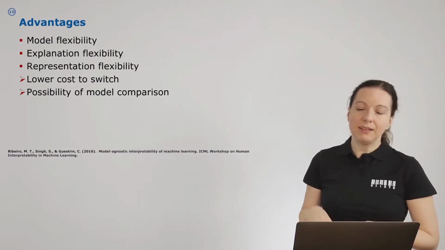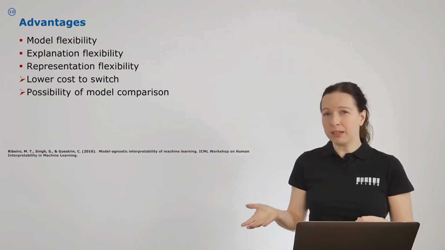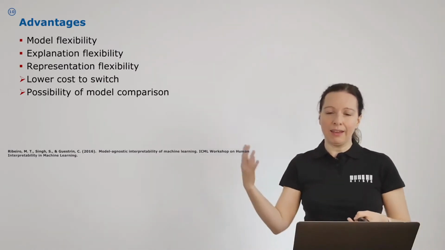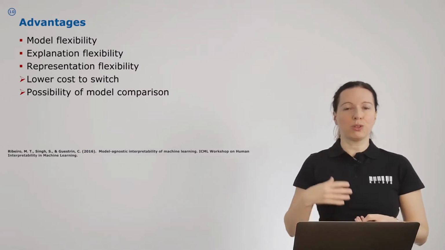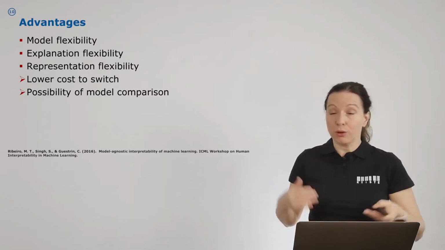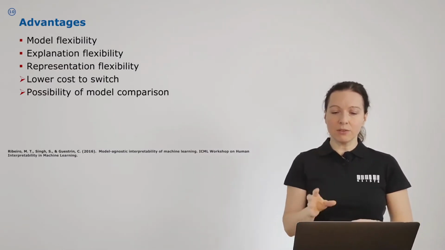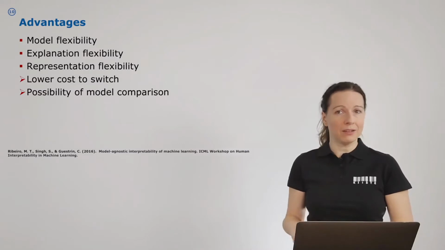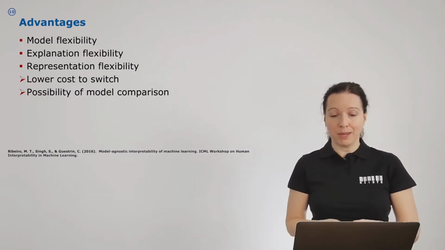Model flexibility is a huge advantage because for a lot of real-world applications, you train for high accuracy. You want to solve your task and reach a good performance and a high accuracy, irrespective of how complex or uninterpretable the underlying mechanism may be.